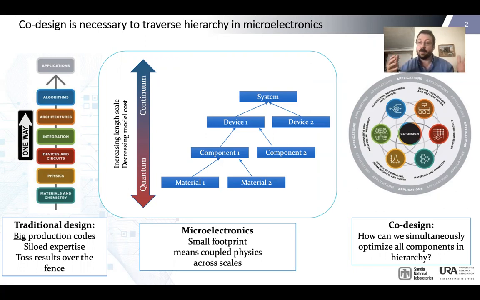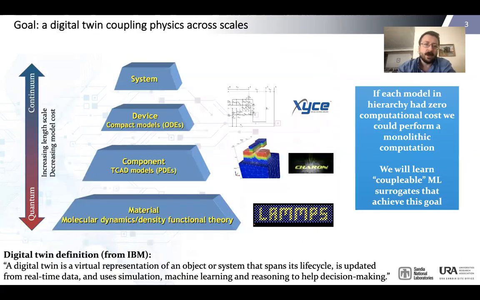This is what we mean when we say co-design: we'd like a unified means of simulating the coupled behavior. We have this well-established software simulation stack. To simulate a material, we do molecular dynamics or DFT. To simulate a component, we think of TCAD models, drift diffusion equations, or Maxwell's equations.